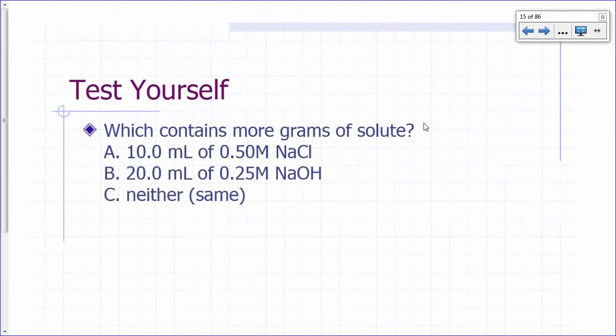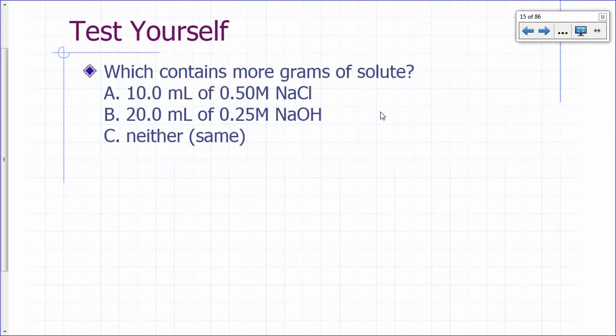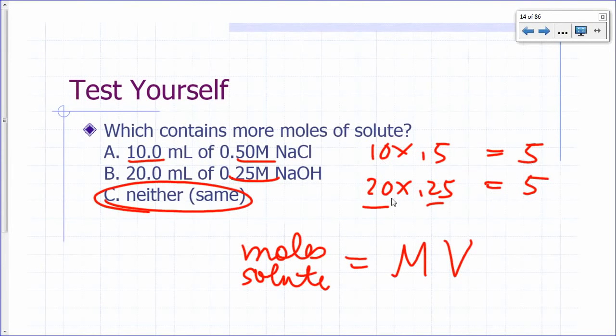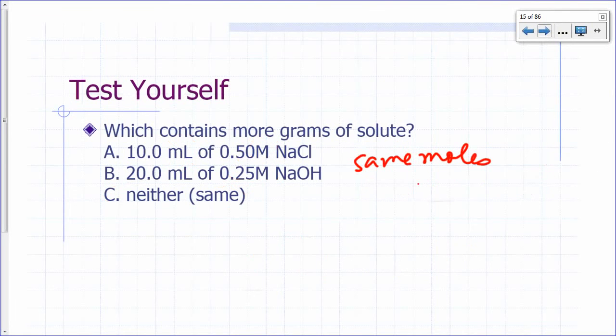Which contains more grams of solute? Well, this is similar to the earlier one. You have the same moles. We've seen that earlier. You have 5 millimoles in both cases, 5.0 millimoles.